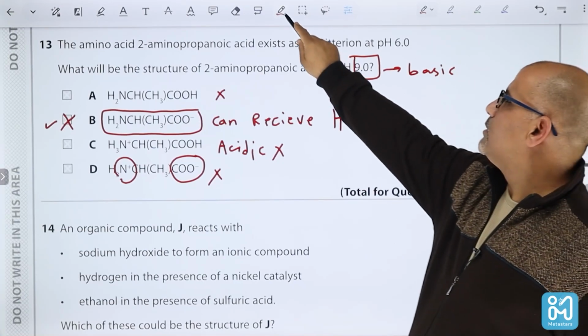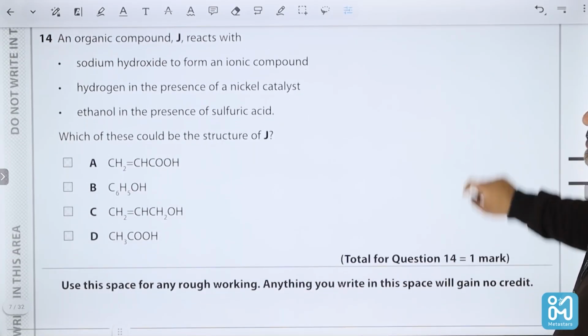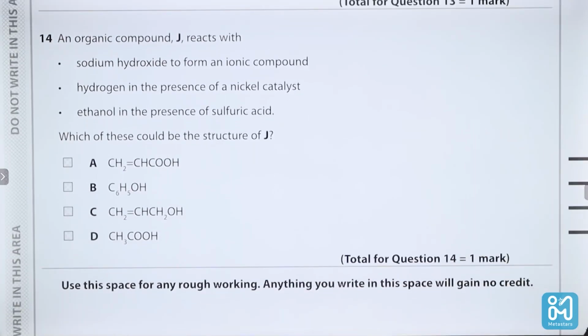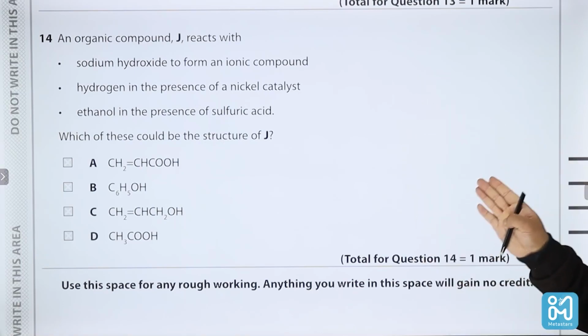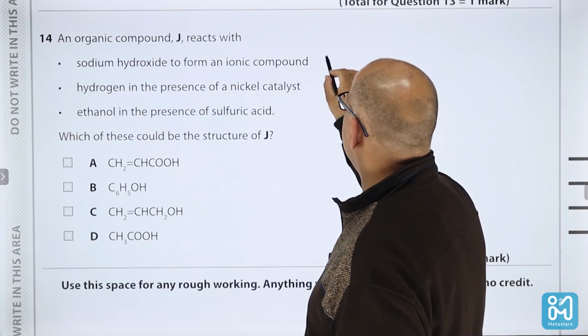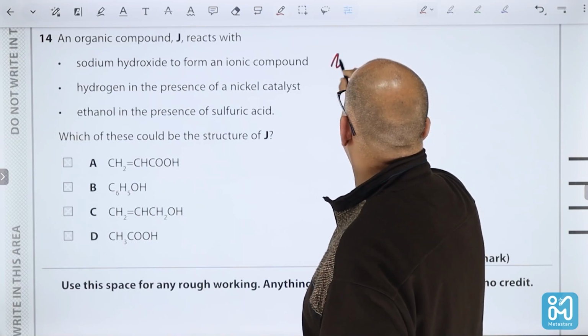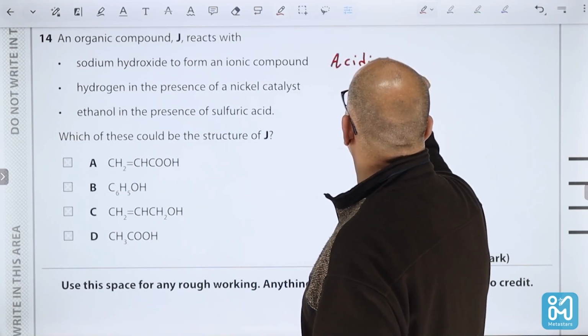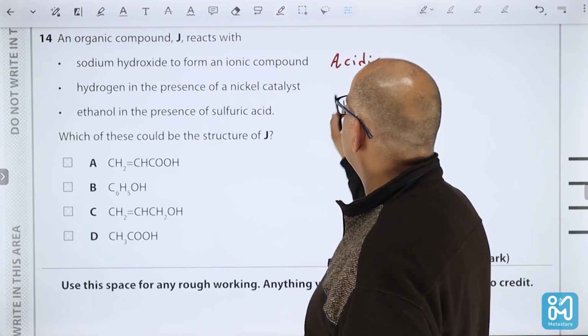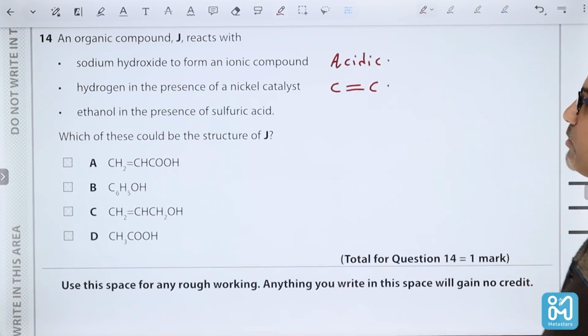Okay, let's go further. An organic compound reacts with sodium hydroxide to form an ionic compound and hydrogen, so it has acidic character. It has a carbon-carbon double bond, and reacts with ethanol in the presence of sulfuric acid.